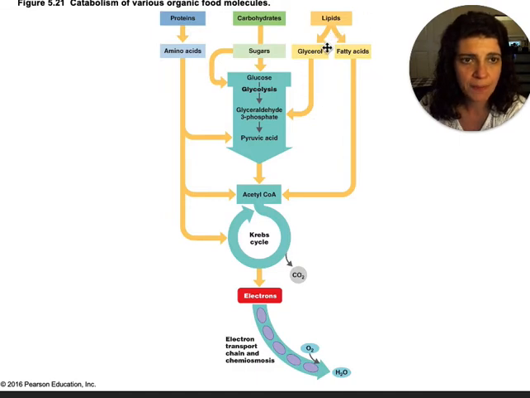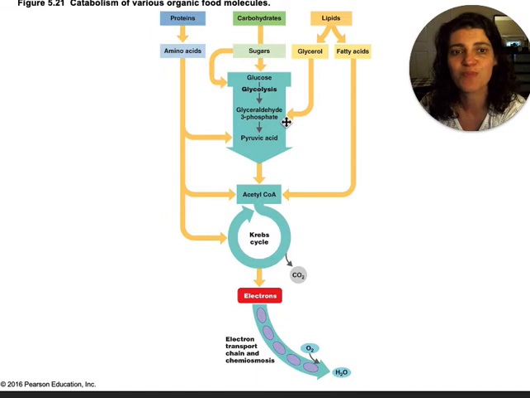The same way lipids, when they're broken down into glycerol and fatty acids, can be transformed into, for example, glycerol is transformed into glyceraldehyde triphosphate. Fatty acid is transformed into acetyl-CoA. So you can use lipids also to produce ATP. When do you do this?